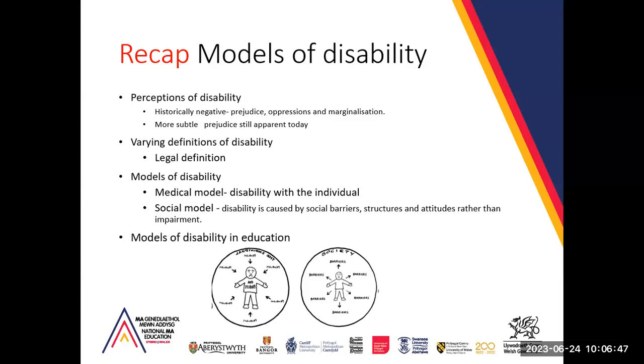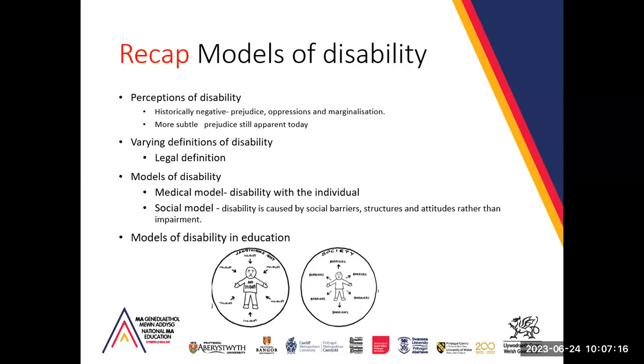One of the critiques associated with the medical model is that it didn't distinguish between impairment and disability. That will become clearer when I talk about the social model in a moment. But it is argued that the medical model has had a long influential history in our understanding of disability and has dominated our thinking about disability.